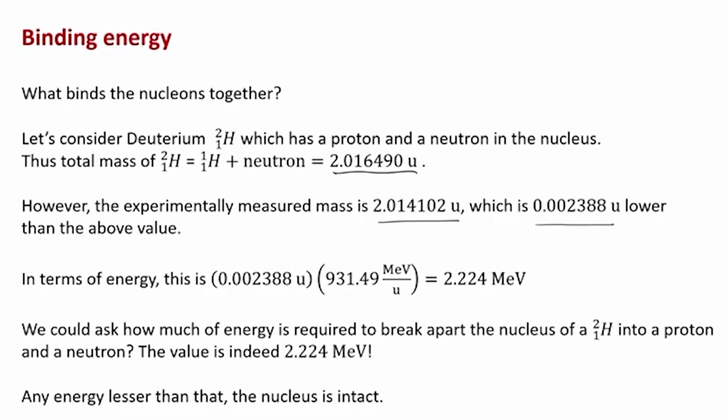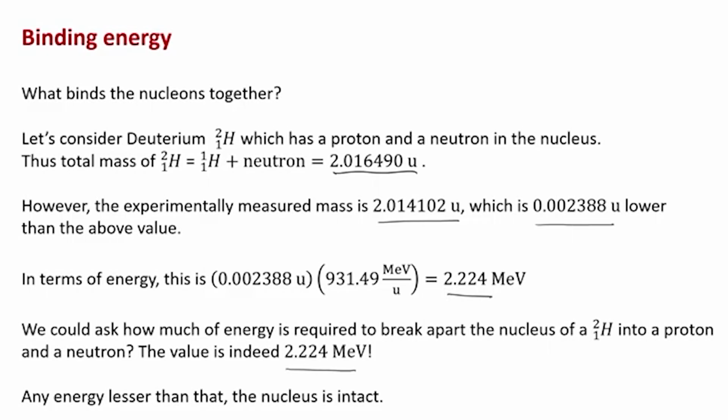In terms of energy, if we multiply it by 931.49 MeV per U, it comes out as 2.224 MeV, and this is a fairly large energy if you think. We could ask how much energy is required to break apart the nucleus of a deuterium into a proton and a neutron, and the value is indeed this value that we have got, which is 2.224 MeV.